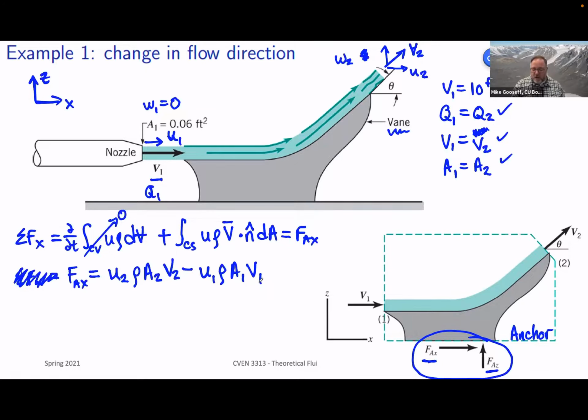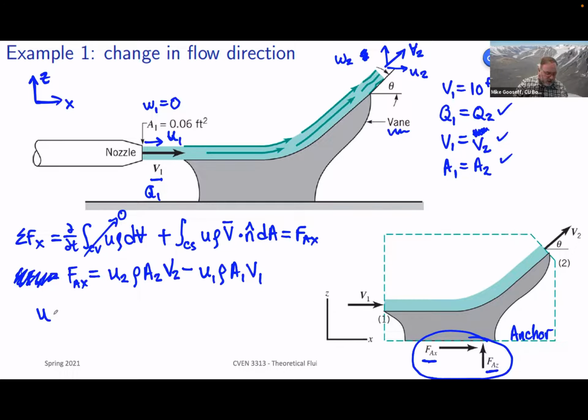So if we could put numbers to all of this, we would be able to actually calculate what F_AX is. Let me just pause for a second and create some translation between the U's, W's, and the V's that we have here.